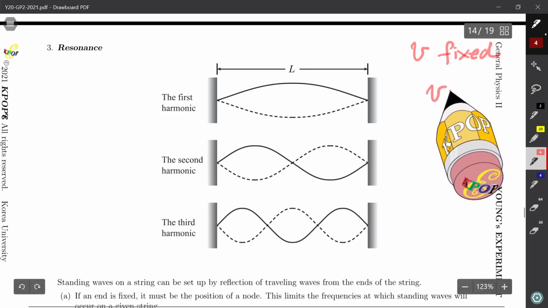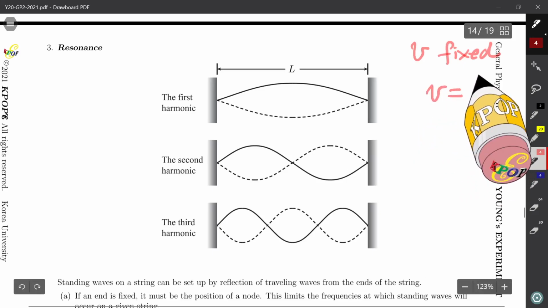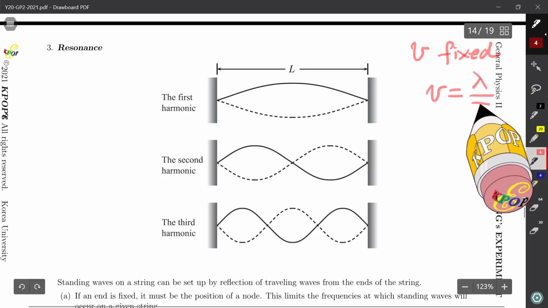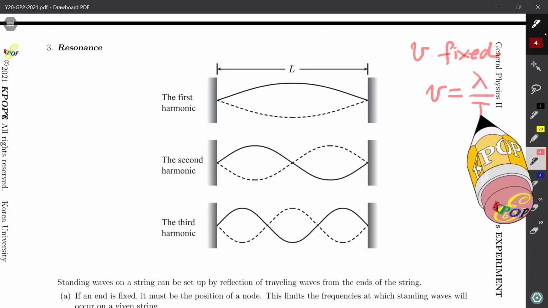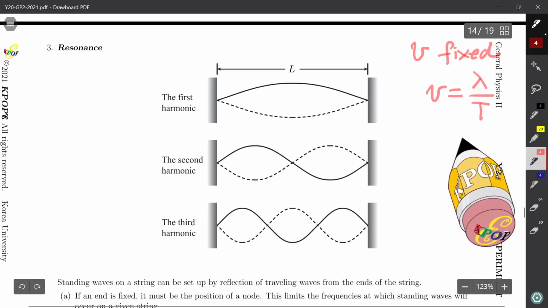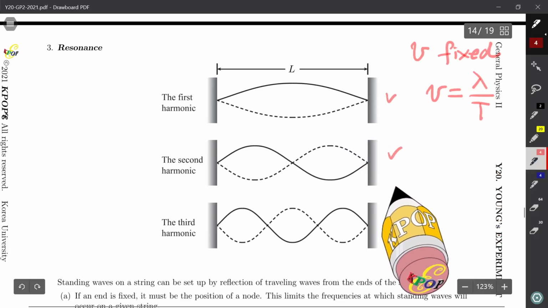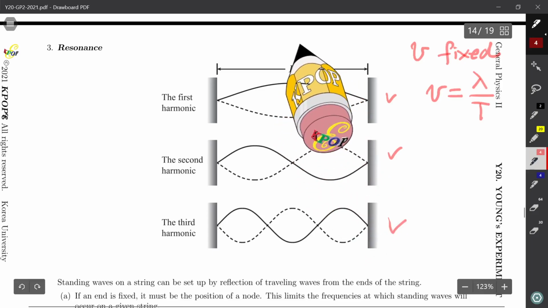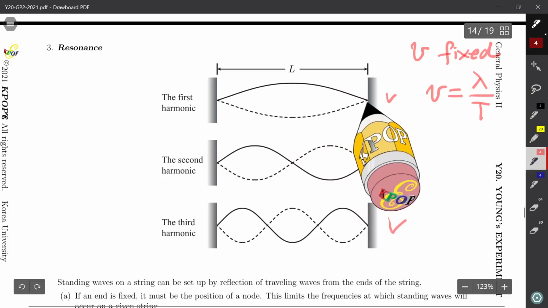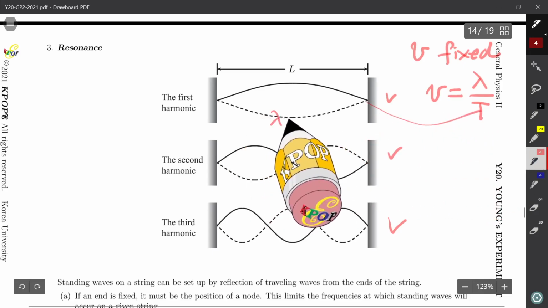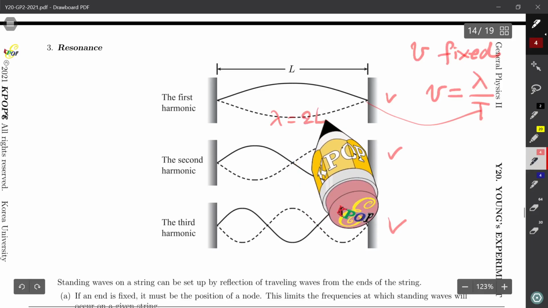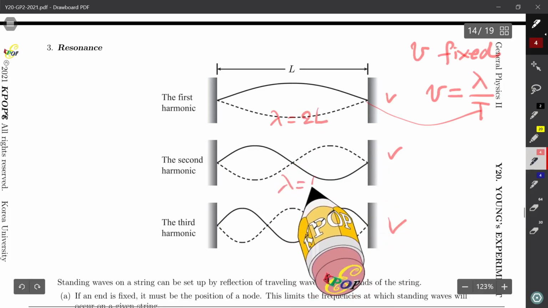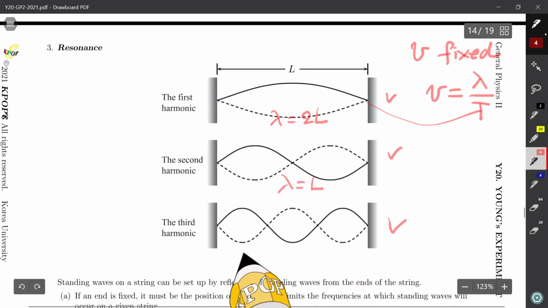And V equals lambda over period. In these three cases we can find the wavelengths. This is the wavelength. So lambda equals 2L. And this is lambda equals L. And this is the wavelength. Something like that.